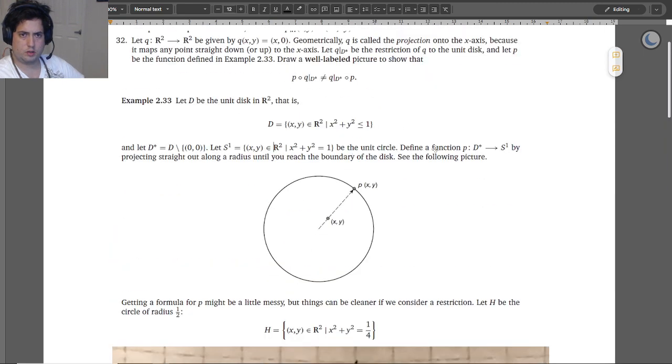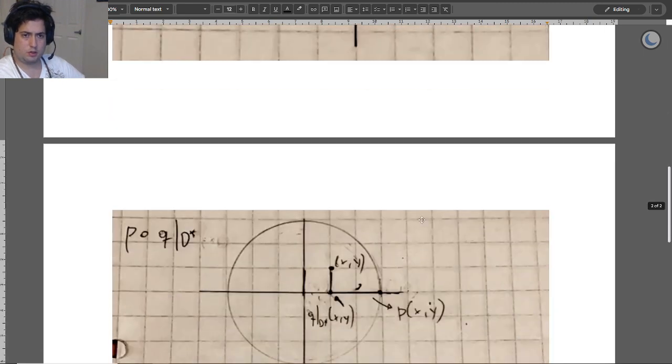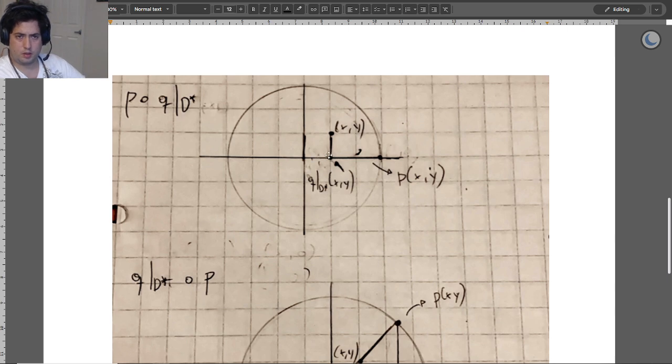Sorry, on the unit circle, my bad. So here we project it onto the y value, and then we project it onto the unit circle.